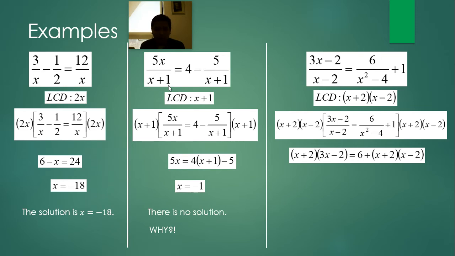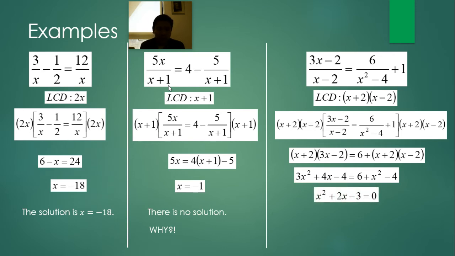So we have this equation right here, bringing us this equation. It's quadratic in nature, so let's prepare to solve it the way you solve quadratic equations. X squared plus 2x minus 3 is the simplified form, and this brings us to the values x equals 1 and x equals negative 3.